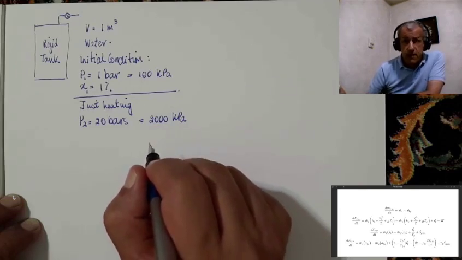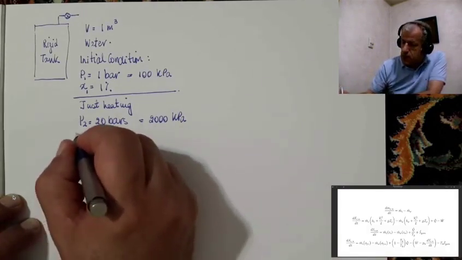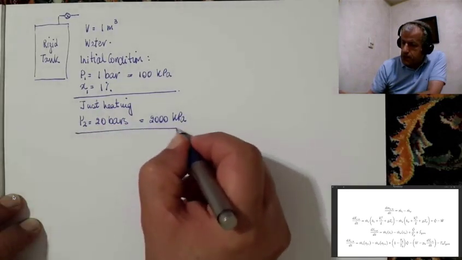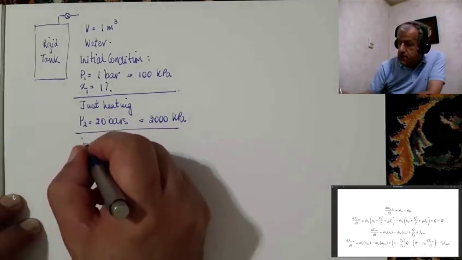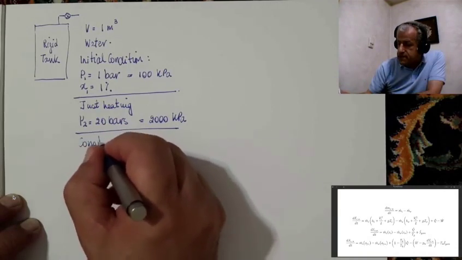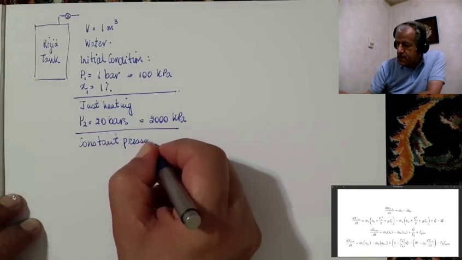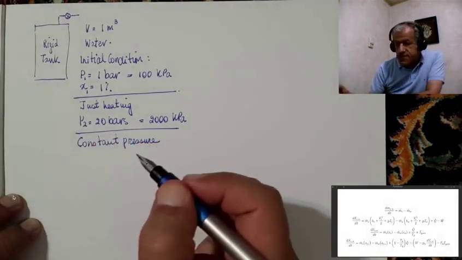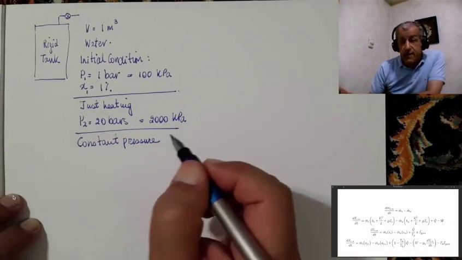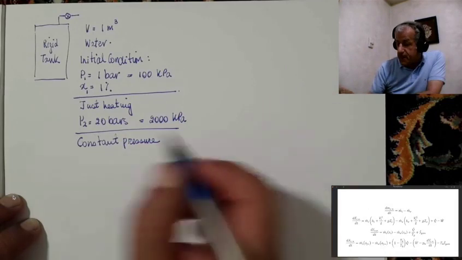Very dangerous practice, but this is exactly what this problem is telling us. Okay, so the third case is constant pressure. This is the second process, which takes us to the third case.